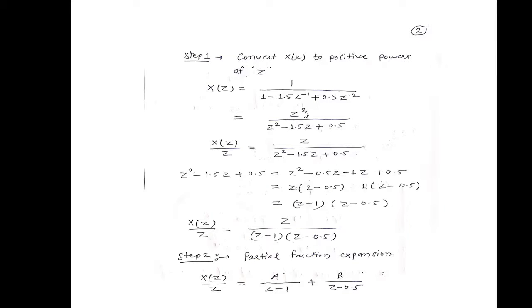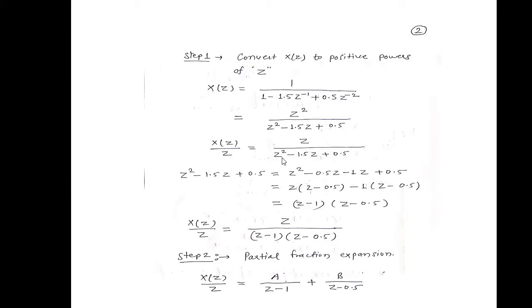So we will have z square upon z square minus 1.5z plus 0.5. X of z by z is equal to z upon z square minus 1.5z plus 0.5. We will use the partial fraction expansion method to calculate the inverse Z transform. Mostly in this topic, we will use the partial fraction expansion method.